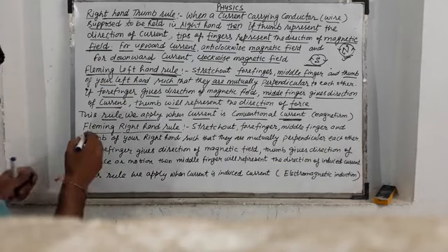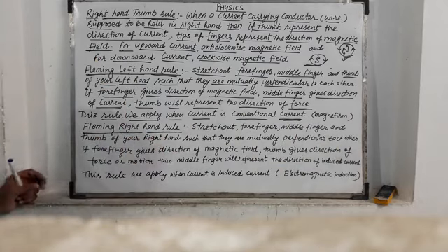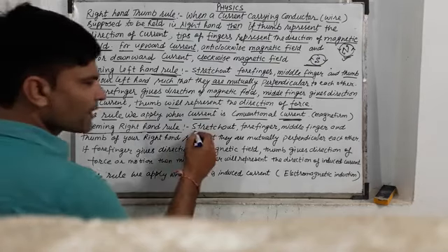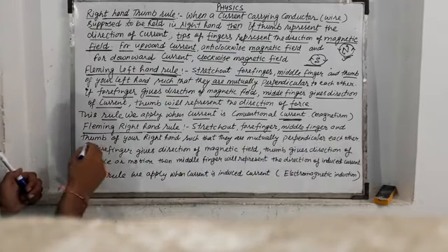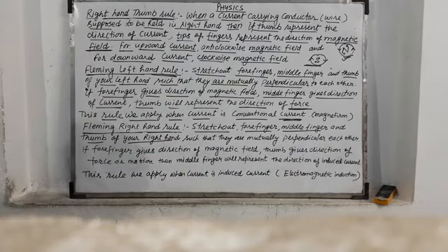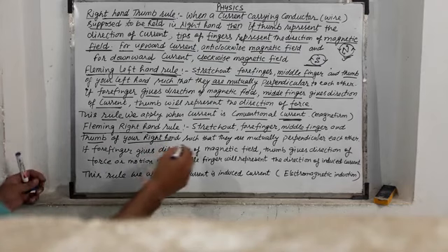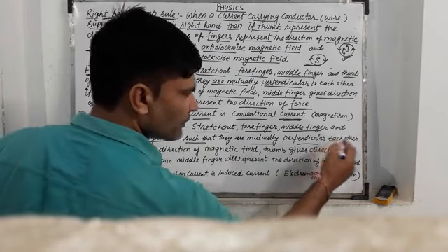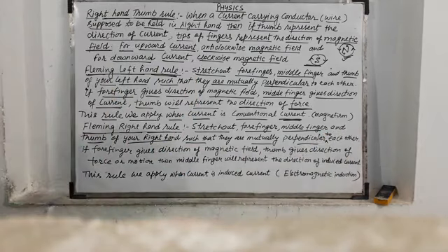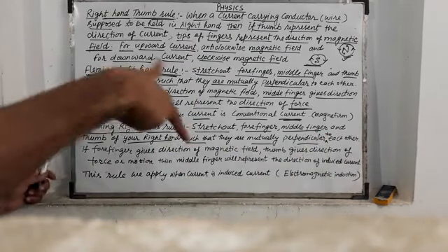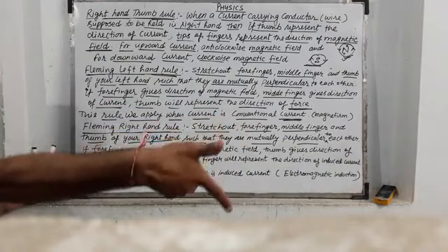Okay, now the Fleming right hand rule. In case of Fleming right hand rule, stretch out the forefinger, middle finger and thumb of your right hand such that they are mutually perpendicular to each other. Okay, like this.